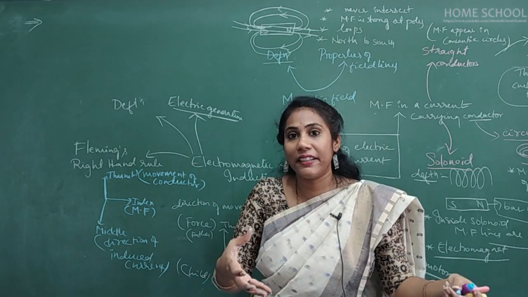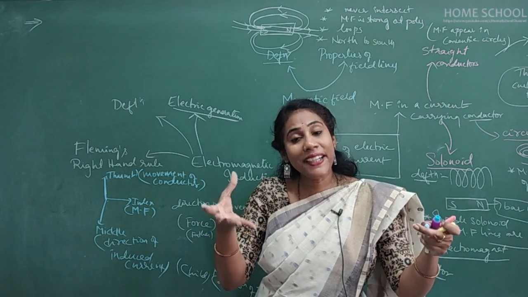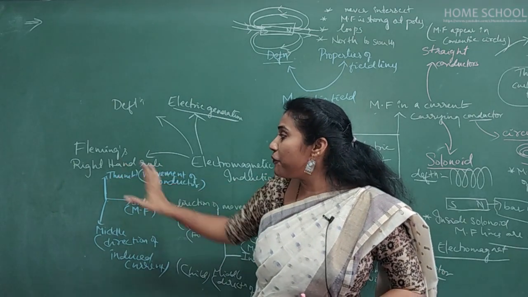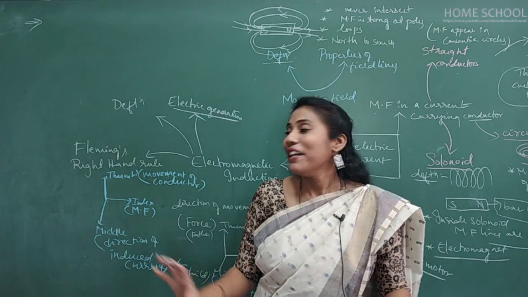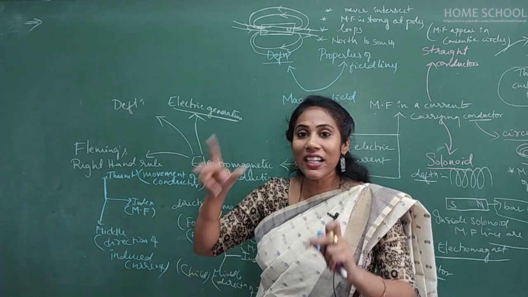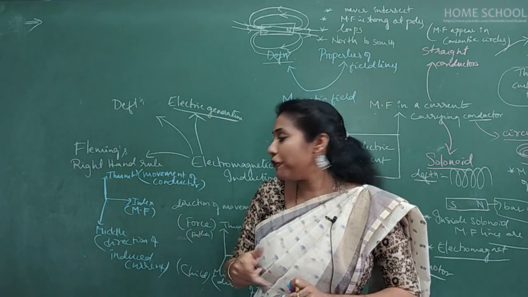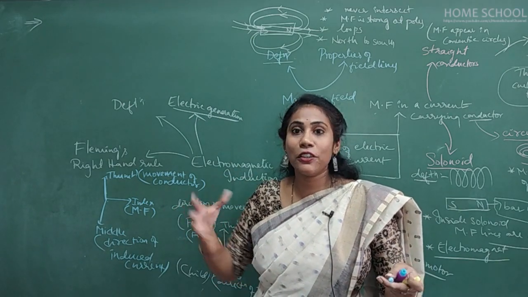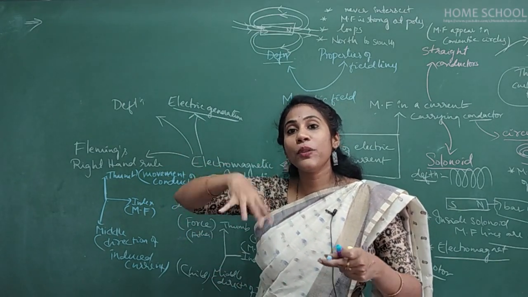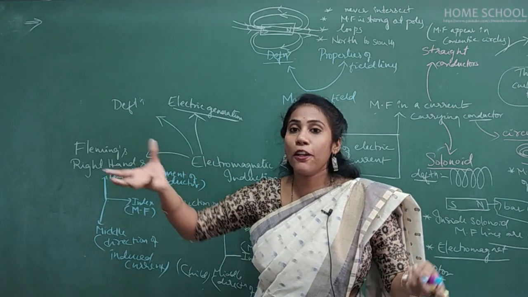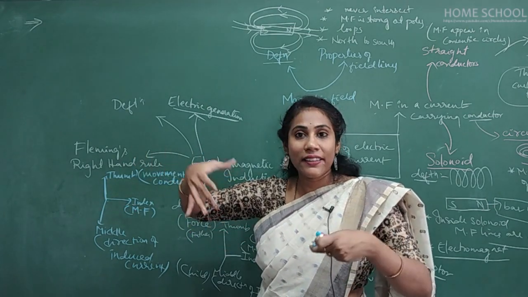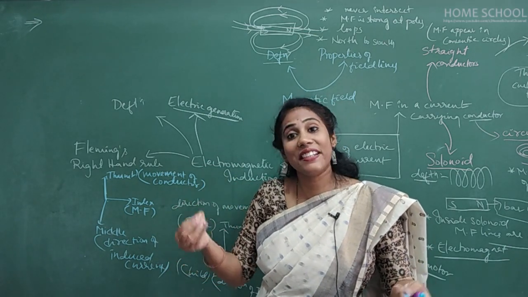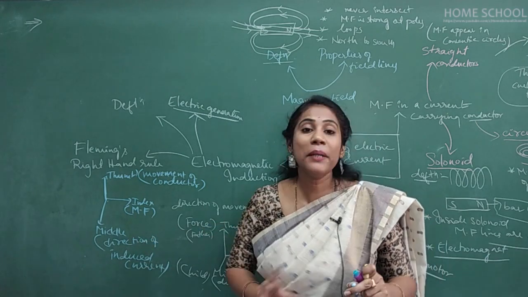That generated current's direction is identified with the help of Fleming's right hand rule. By moving a conductor you can change the strength of the magnetic field. When this happens, a current can be generated, and the current's direction is given by your middle finger.